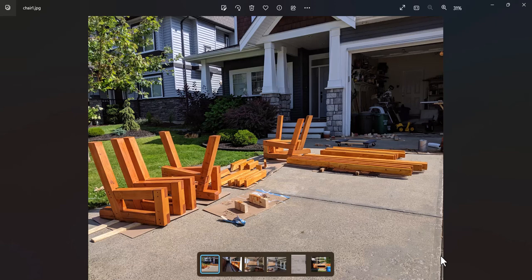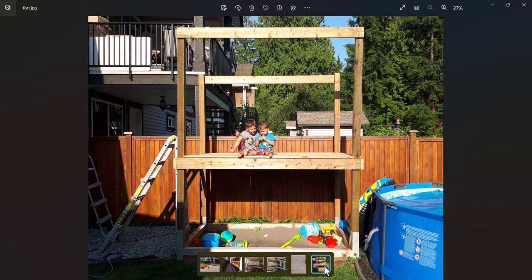One summer we were building a fort for my kids, and it came time to put the roof on, and my father-in-law was helping me build the fort. We have just a lean-to style roof on my fort. Where's my kids' fort? Right here, right? And it came time to put the roof on.